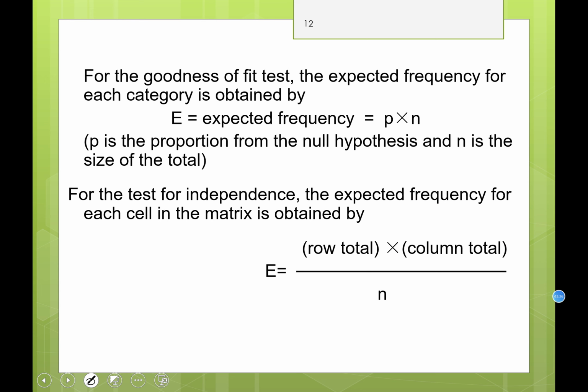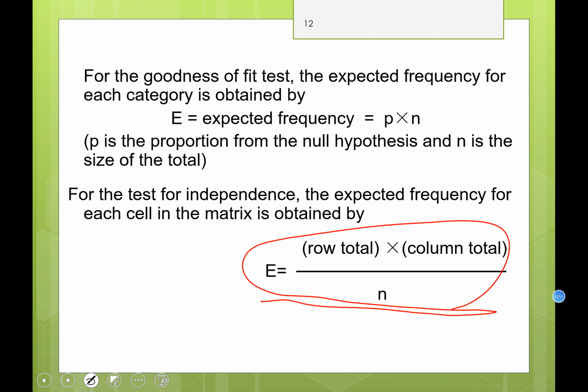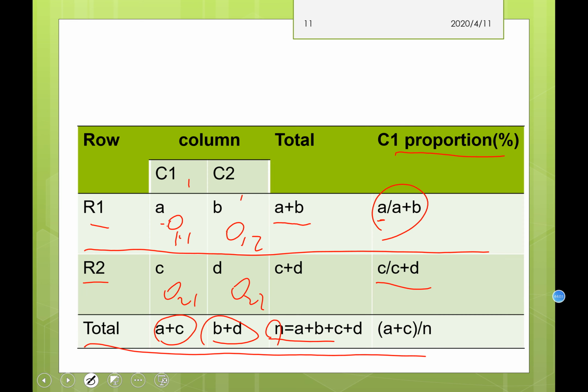this is what we have mentioned just now. This is the formula for expected frequency. The expected frequency can be calculated by using this formula. So now I will explain how we can get this formula.